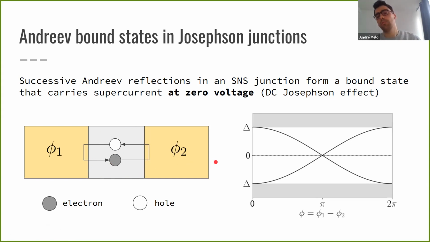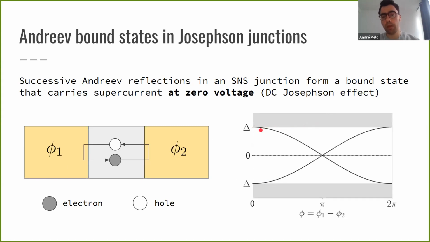If I were to plot what the energies of the energy eigenstates in the system look like, they would look something schematically like this. So this is energy, and this is the superconducting phase difference across the junction. So each superconductor has some phase, and the spectrum of the system depends on the phase difference. So, above delta, I have the quasi-particle continuum in the superconductor.